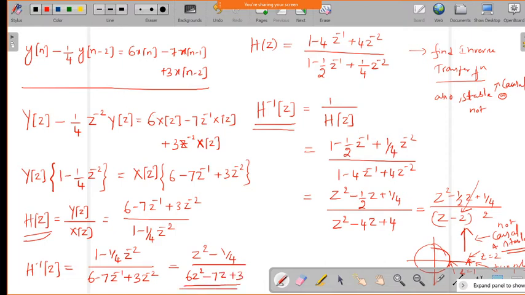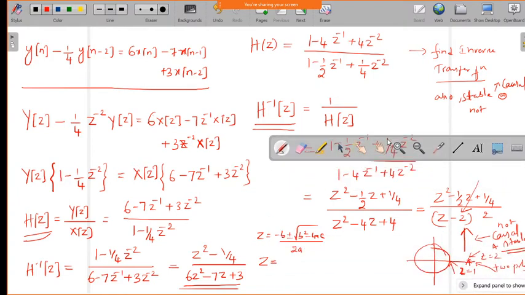Now you can use the well known formula, z equal to minus b plus or minus root of b square minus 4ac, divided by 2a. Now a equal to 6, b equal to minus 7, c equal to 3. So find out the z, the roots of this equation.